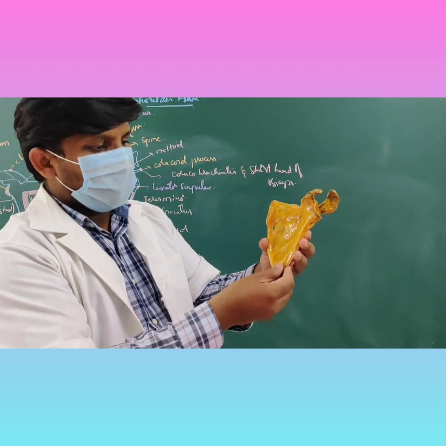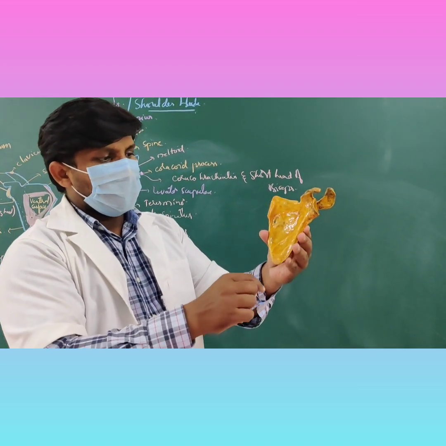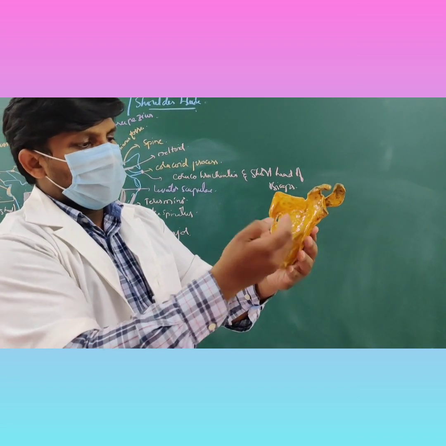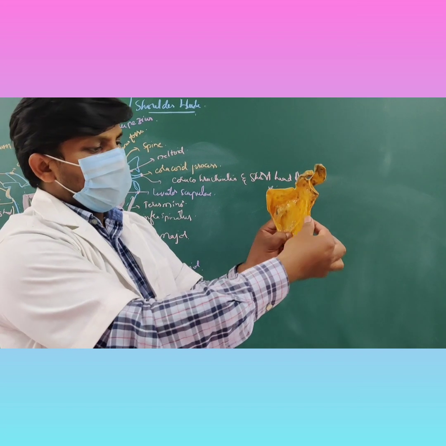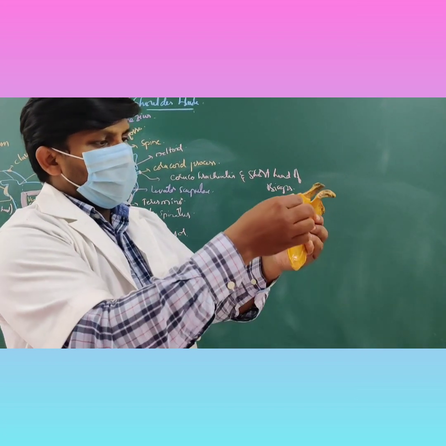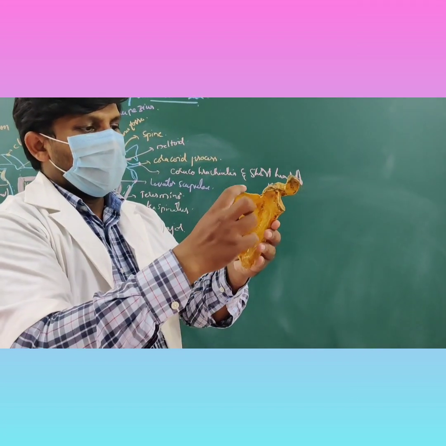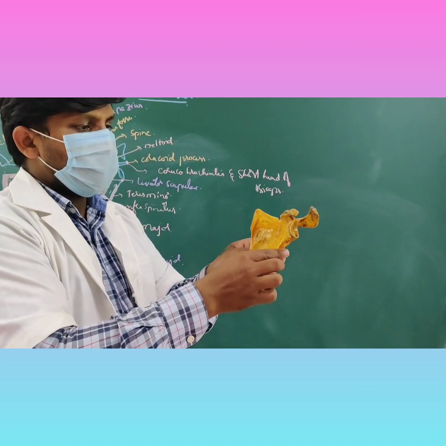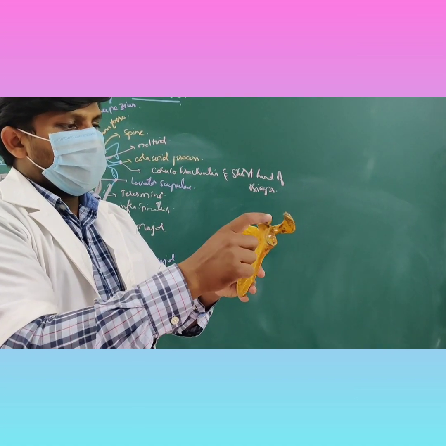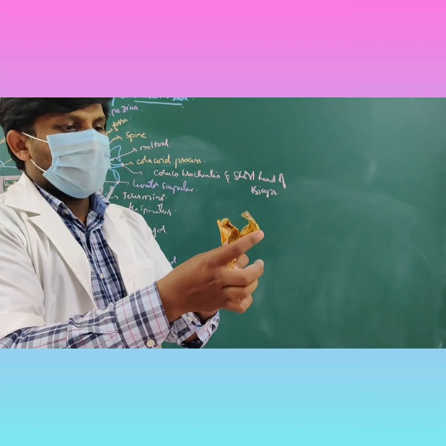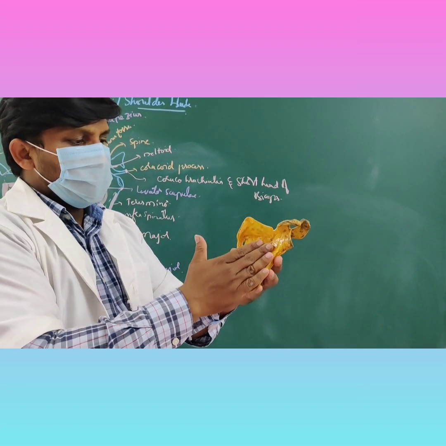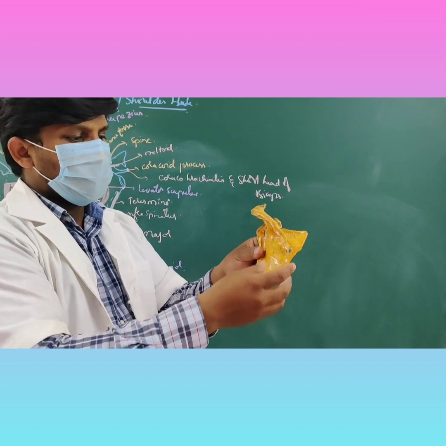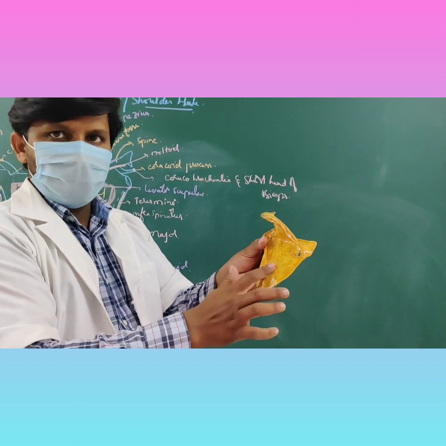So far we have discussed two surfaces, ventral and dorsal; three borders: the lateral or axillary border, medial or vertebral border, and one superior border; three processes: coracoid, spinous, and acromion; and three fossae: subscapular, supraspinous, and infraspinous.